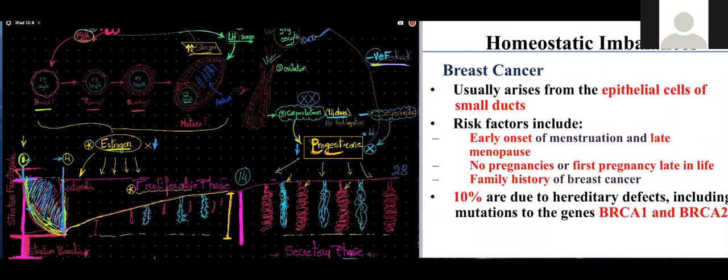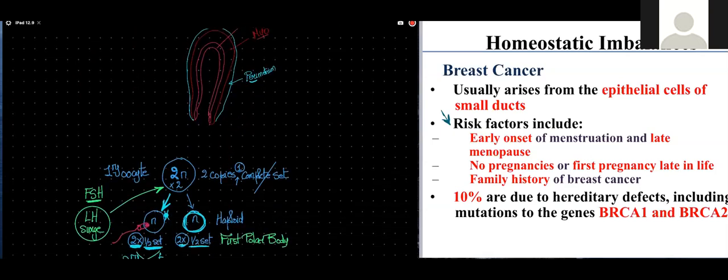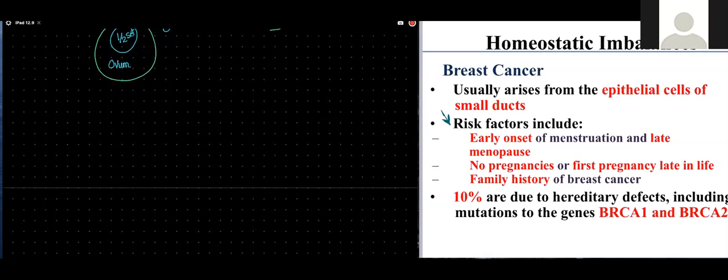Only one homeostatic imbalance I want to discuss its risk factors with you. It's breast cancer. What are the risk factors for development of breast cancer? If you notice on here, early onset of menstruation and late menopause. So in other words, I have an increase in the fertility period.